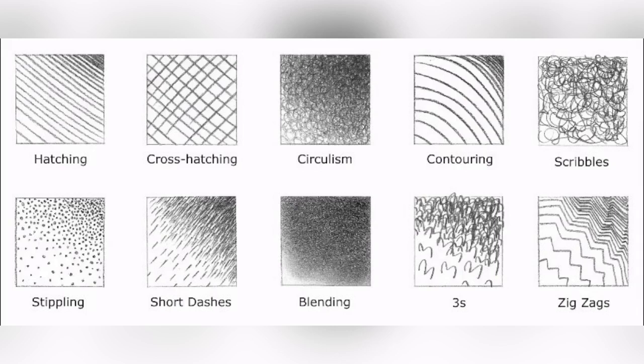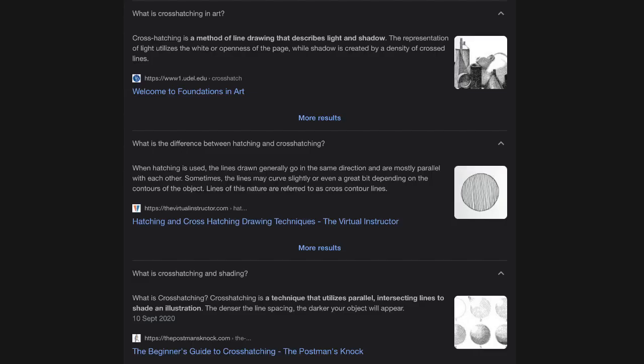So today we are going to be talking about cross hatching. There are so many types of hatching methods that we do in traditional art and also digital art, but we are going to be sticking with cross hatching. So what is cross hatching? Cross hatching is a method of line drawing that describes light and shadows.